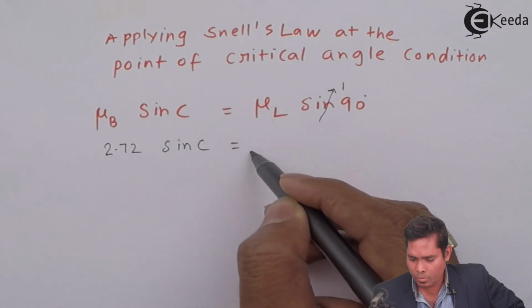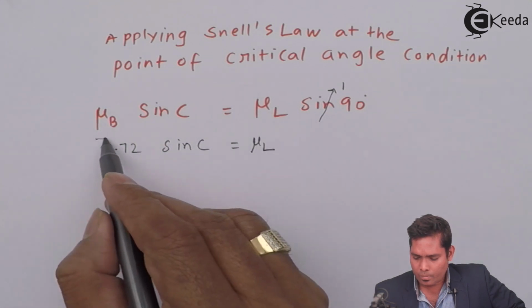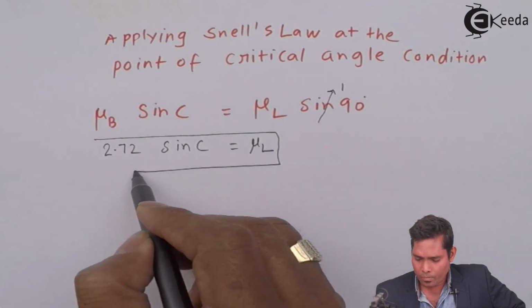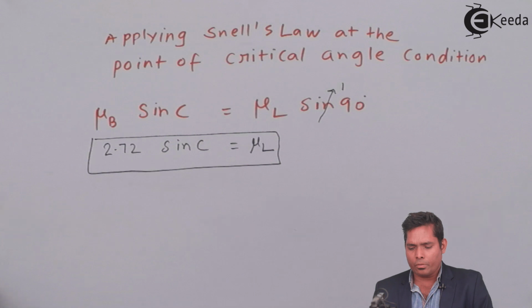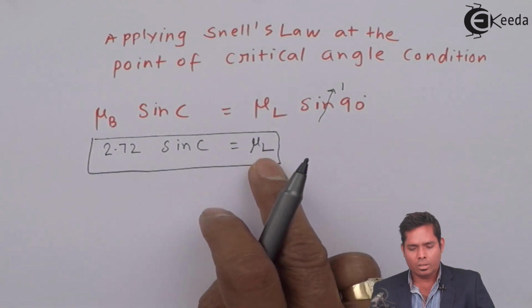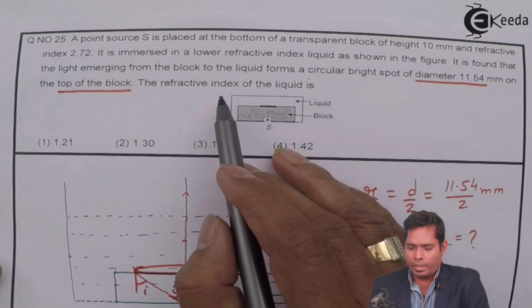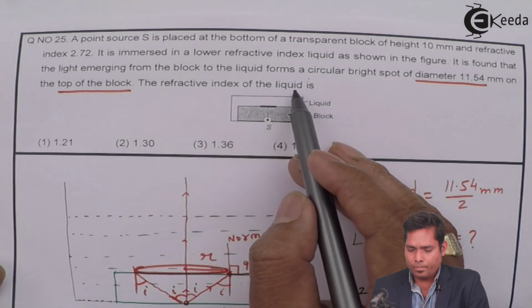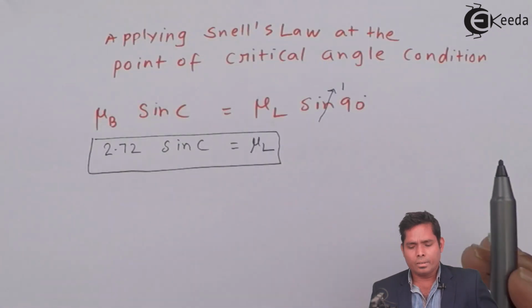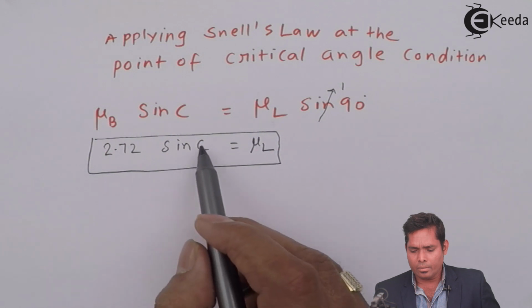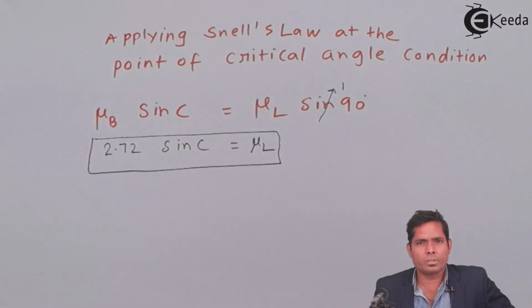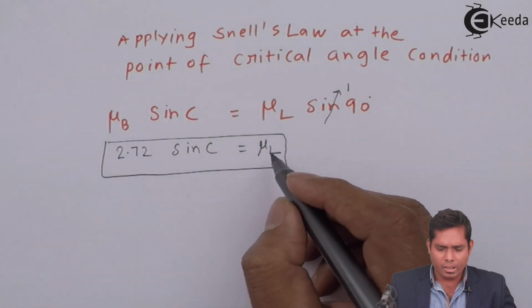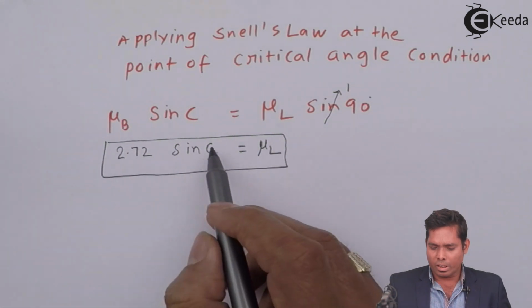So sine of c is mu l. That means we'll get mu l, the refractive index of the liquid, only when the value of c is known to us. So this mu l can be obtained by putting the value of c.